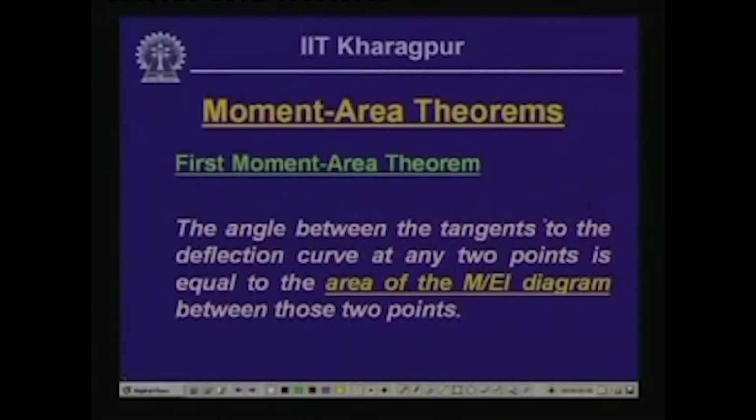In fact, there are two theorems for the moment area method, which we call the first theorem and the second theorem of moment area, based on which we can compute the values of deflection and slope in a beam. The first moment area theorem goes like this: the angle between the tangents to the deflection curve at any 2 points on the elastic curve is equal to the area of the M by EI diagram between those 2 points.